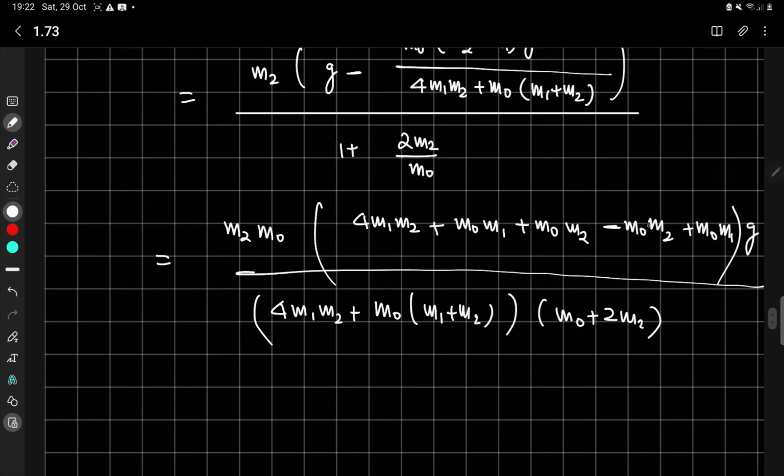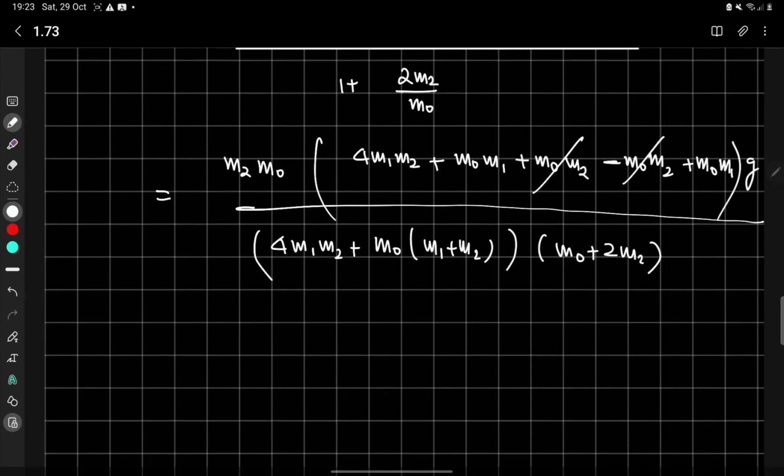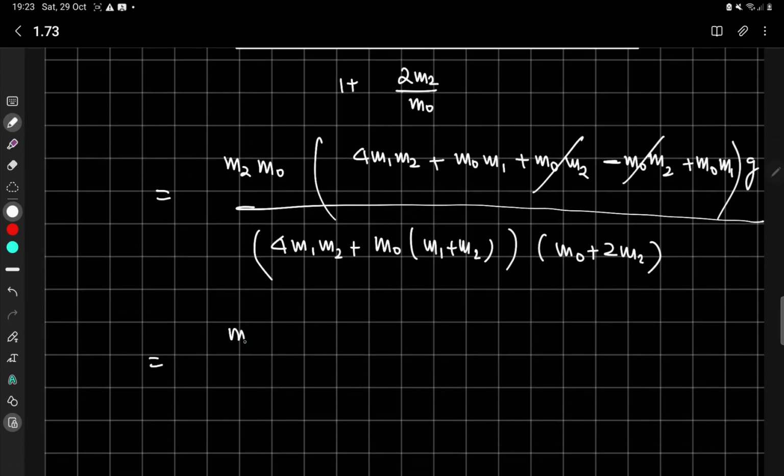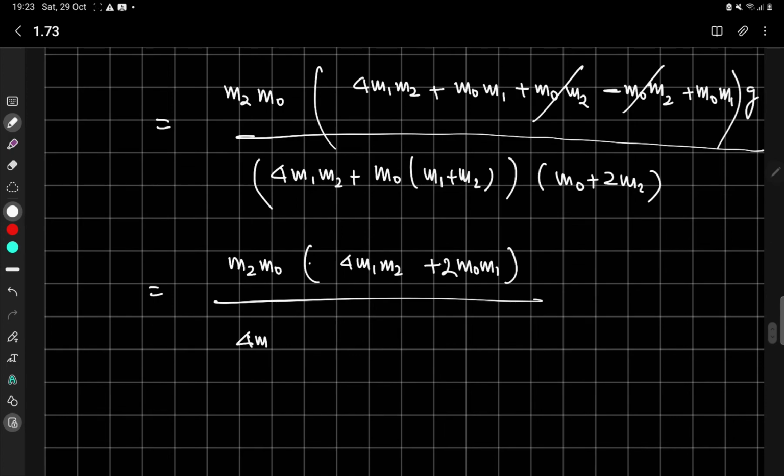So here we can see these two will get cancelled, and finally we can get m2 times m naught (4 m1 m2 plus 2 m naught m1) whole divided by (4 m1 m2 plus m naught (m1 plus m2)) whole times (m naught plus 2 m1).